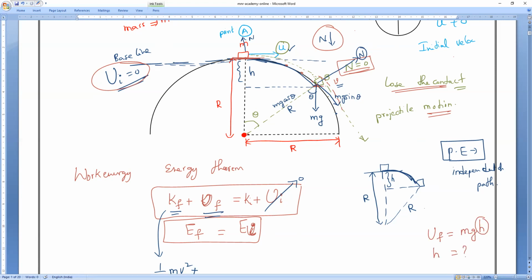So how to find the h? All of you observe. Here, as the weight of the body is acting in the downward direction, the force will split into two different directions. This is mg sin theta. And here what will happen? This will become mg cos theta. Clear? Now, if this total is R, all of you check it now.